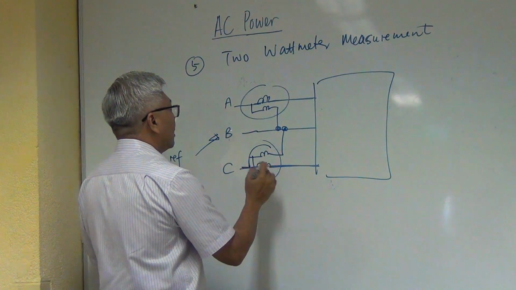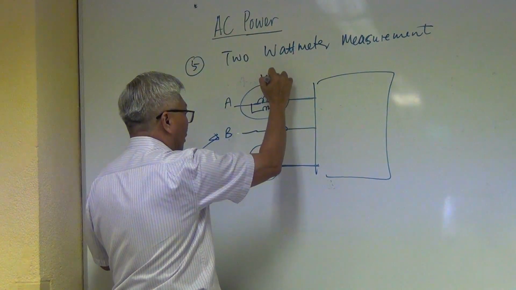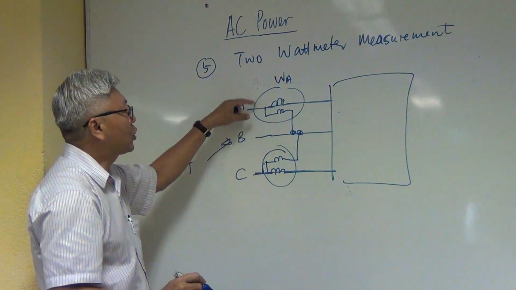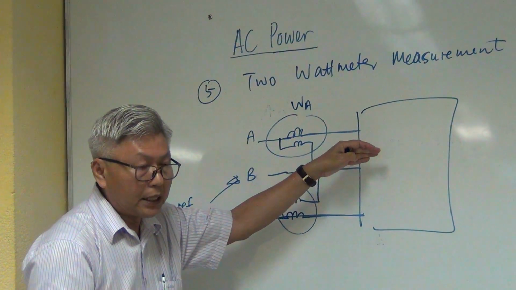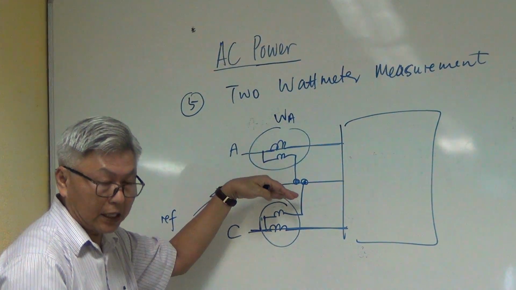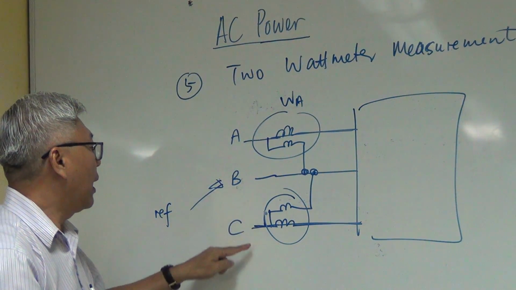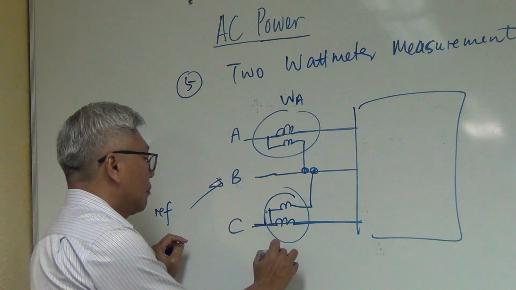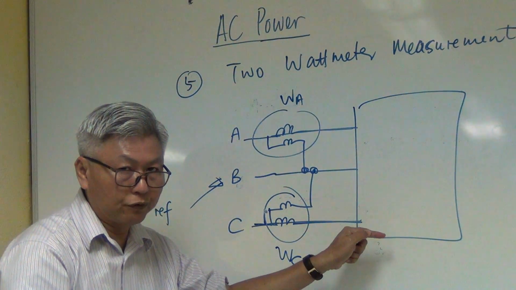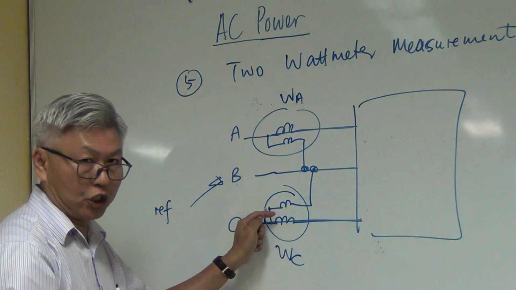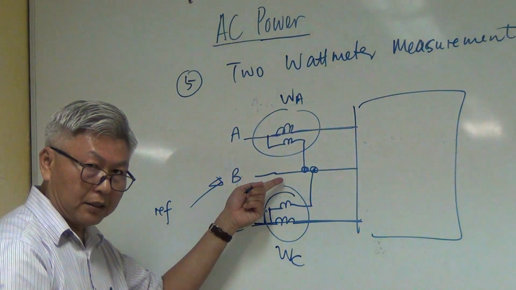This is the current coil that measures the current, and this is the voltage coil that measures the voltage. This is called wattmeter A, that measures the current that passes through phase A as well as the voltage across phase A with respect to the reference. In this case, B is my reference. Wattmeter C is measuring the current that goes through phase C and also the voltage with respect to the reference.